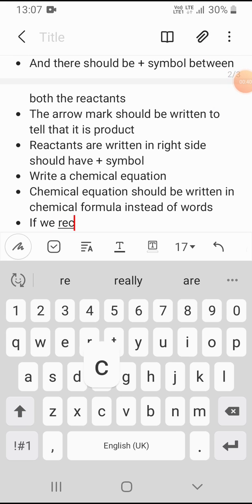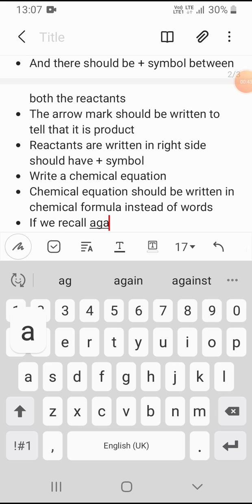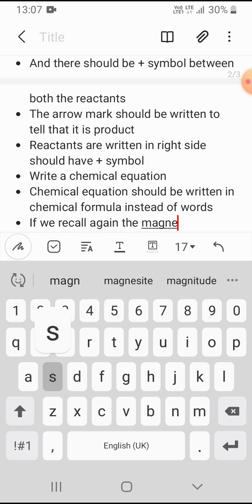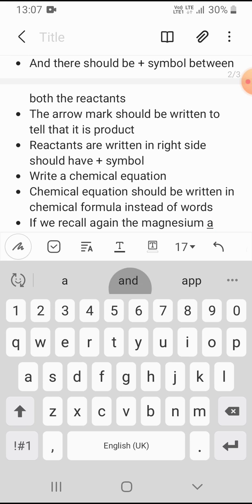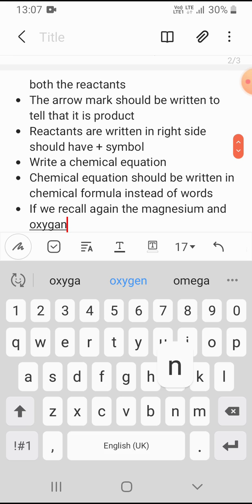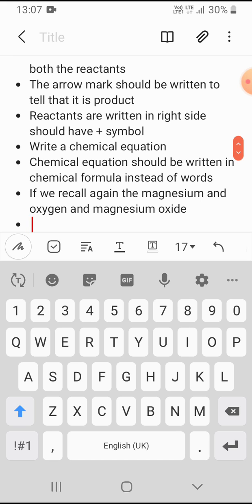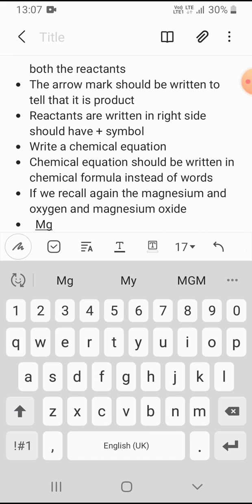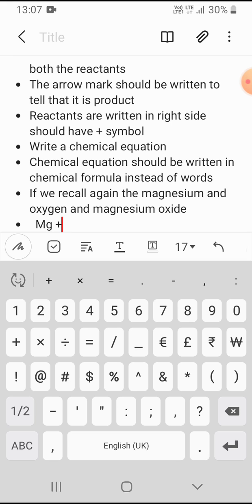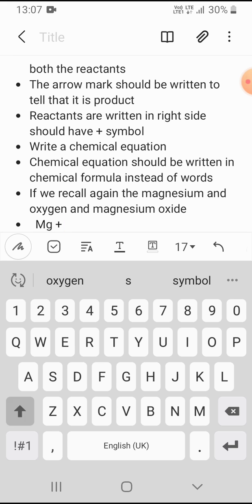If we recall again magnesium and oxygen forming magnesium oxide, the formula we get is Mg plus O2.